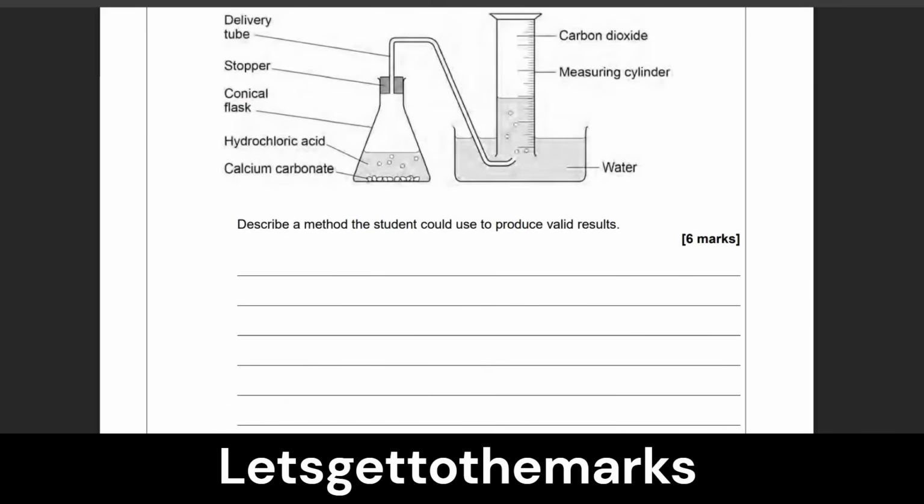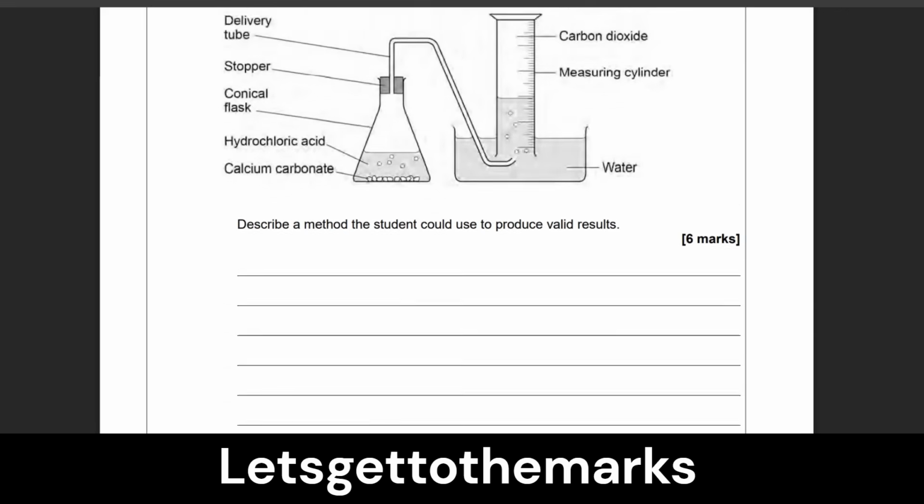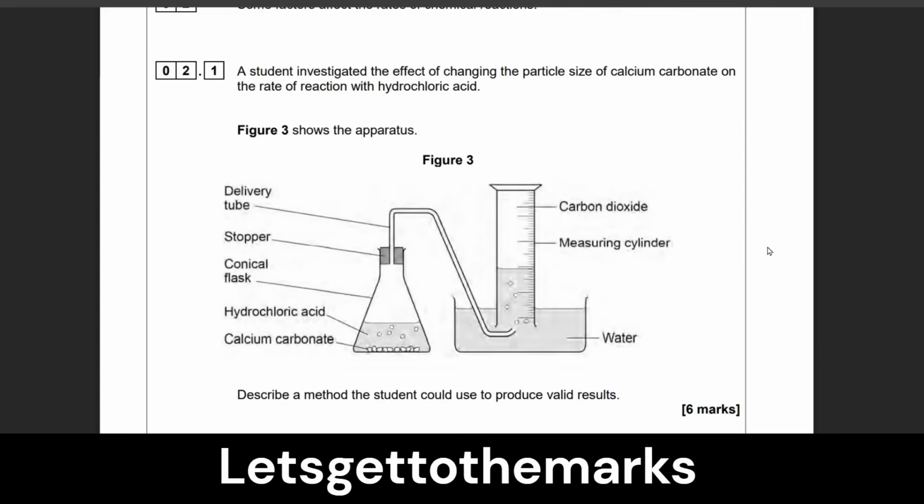Let's get on to the question. It's a 6 marker, folks. Describe a method the student could use to produce valid results. Now, if you're asked a vague question like this, like just plan out a practical, there are 3 main things when you're describing a practical.